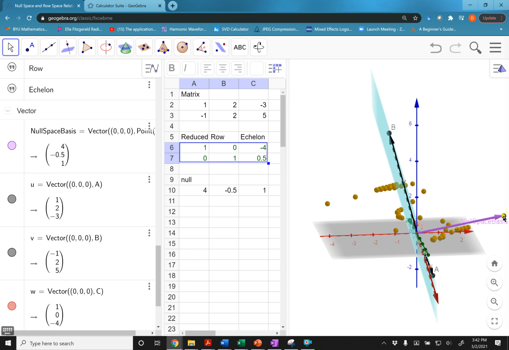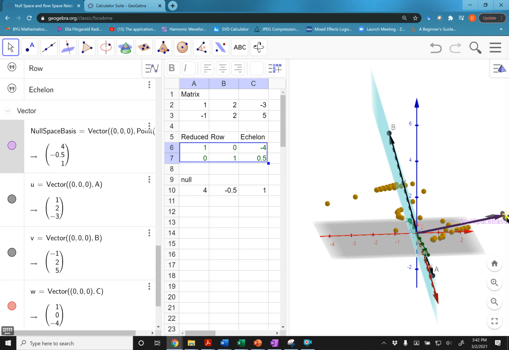And the reason that's helpful is because the most important information is that I'm at 0, 0 in the row space. So any point that's on the line that would be spanned by that null space vector, they would all have 0, because moving in the null space direction doesn't change anything.